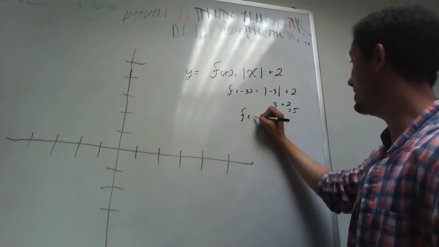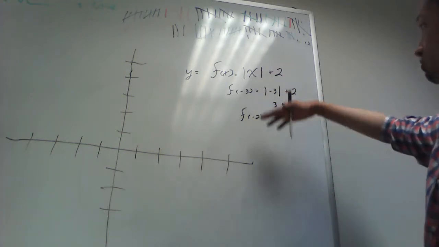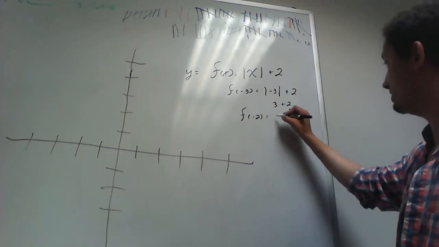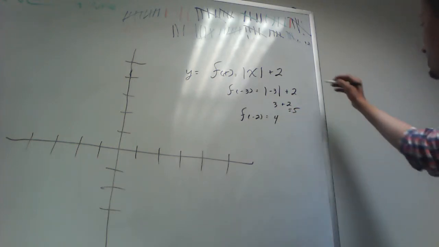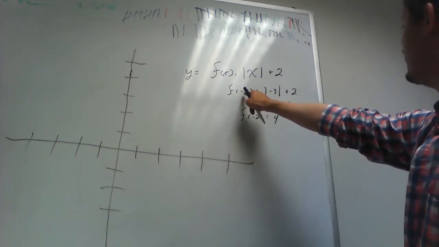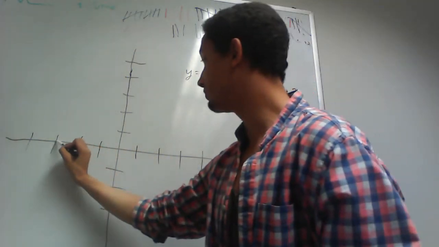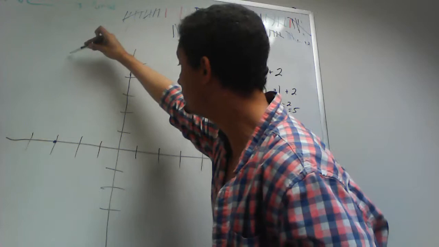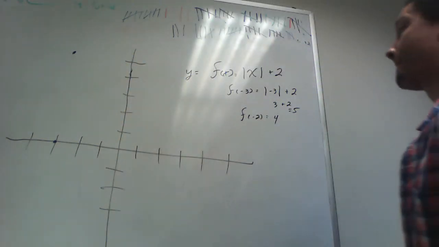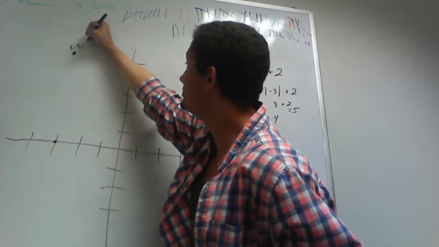Similarly, do f of -2. Plug in -2. The absolute value of -2 is 2, plus 2 is 4, and so far we have two ordered pairs, right? We have -3, 5, so -3 and 5.